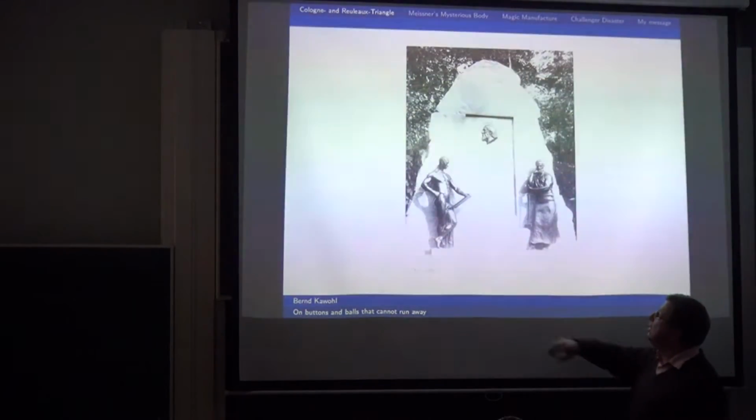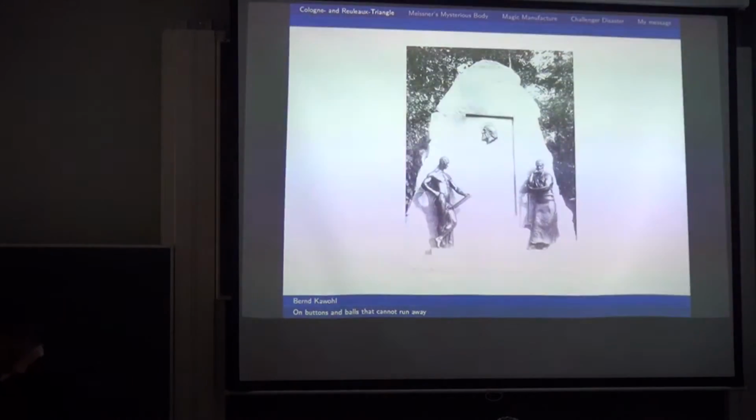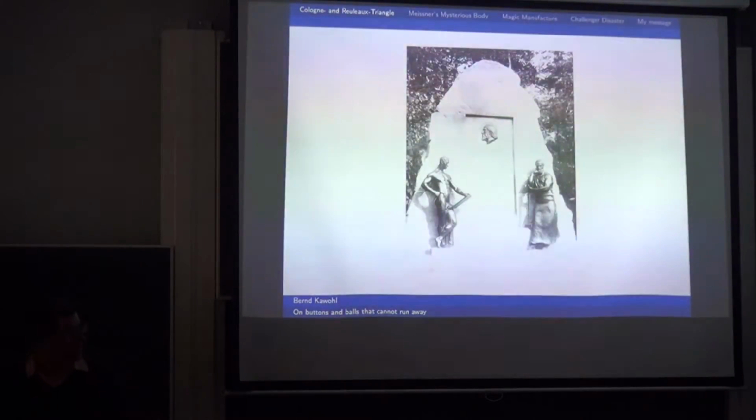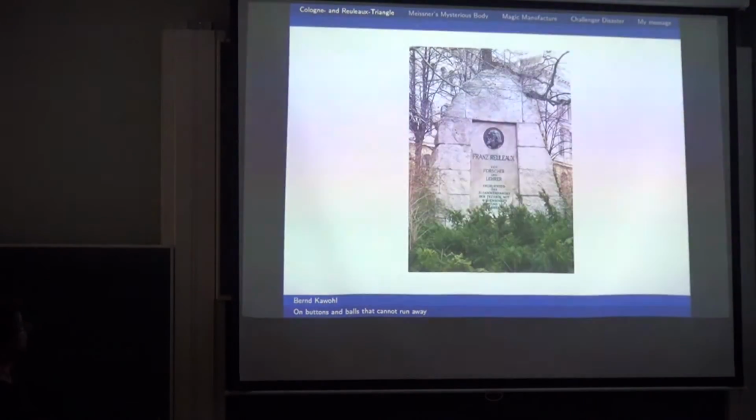And this is somebody who just came from a mountain with the laws of nature written on a stone table or something like that. These two figures no longer exist. They were melted down during World War II. But this is what it looks like today, and it is still behind the main building of the Technical University in Berlin.